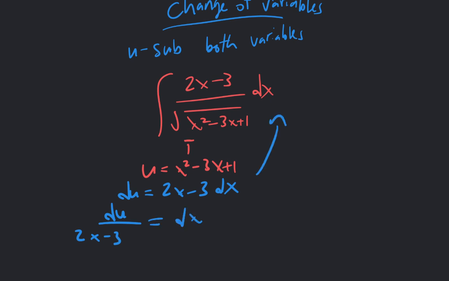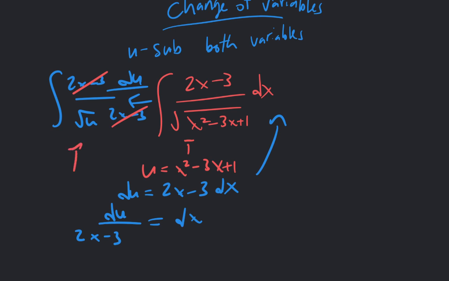Plug that in, and we get a new integral, the square root of u. And then these terms are just going to cancel, and then we know how to do that, and that's really pretty simple.